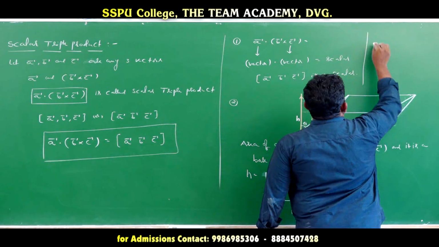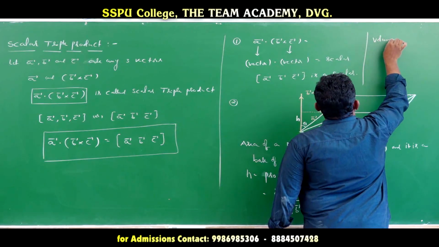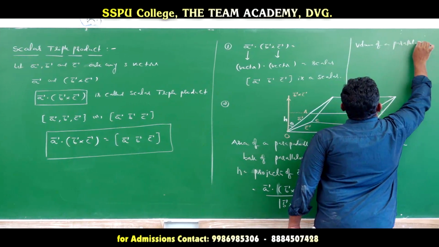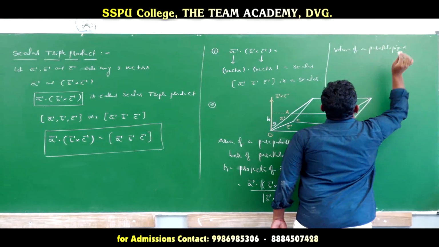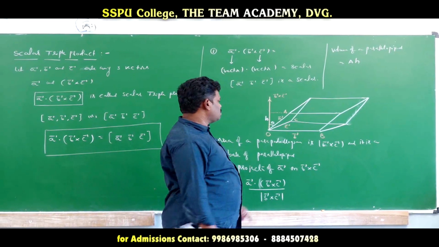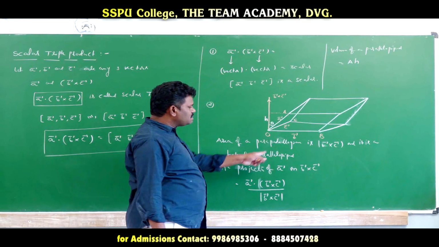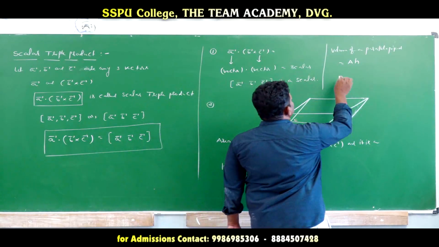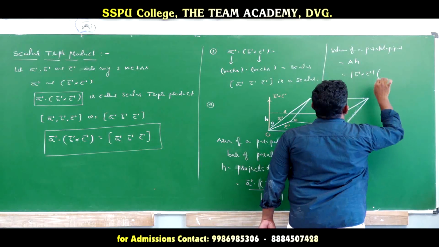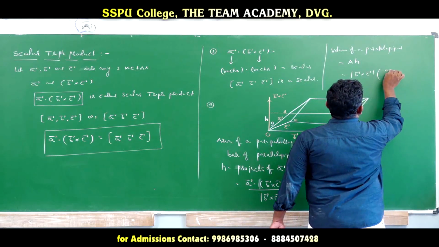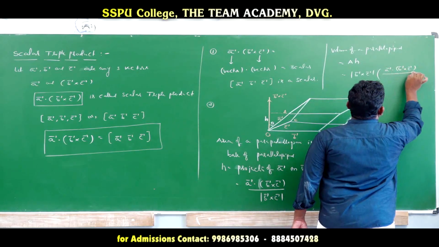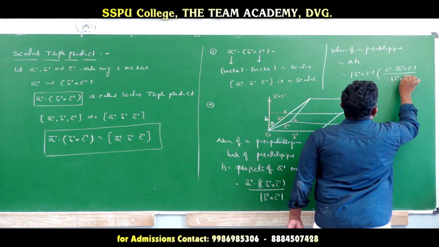The volume of a parallelepiped is equal to A into H. Now A is the area of the base, the parallelogram, which is the magnitude of B bar cross C bar, into H, which is A bar dot B bar cross C bar by the magnitude of B bar cross C bar.